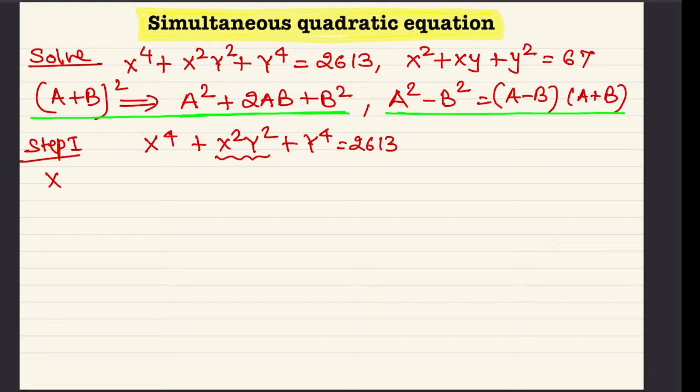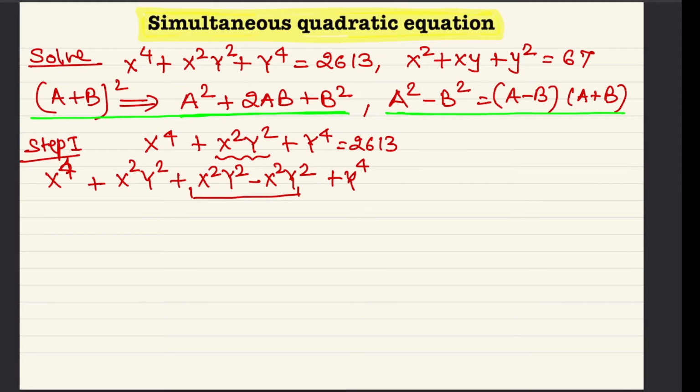Let us see, x power 4 plus x square y square. Here we are adding x square y square, and at the same time we are subtracting it, plus y power 4 is equal to 2613.